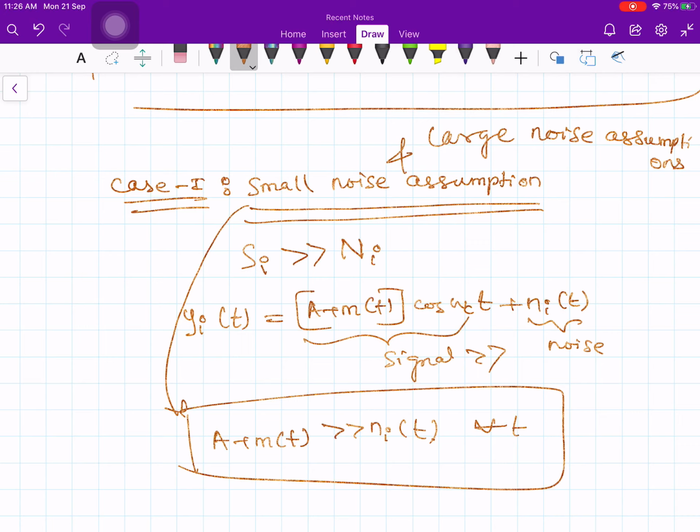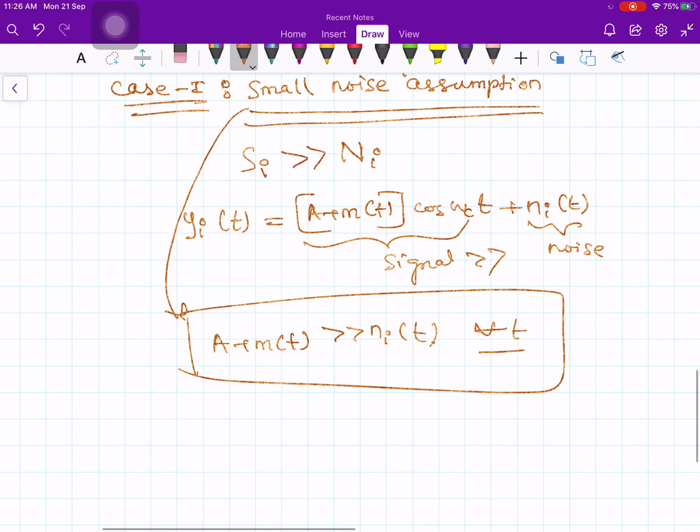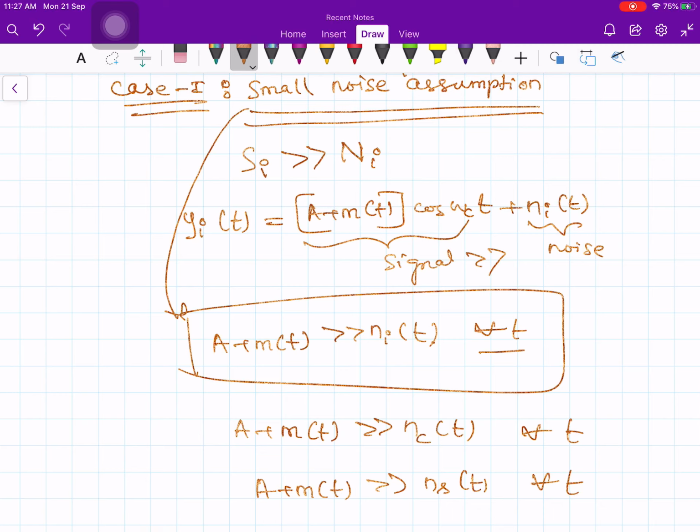That's why we put for all time. This will of course also imply that A plus m of t is much greater than n_c of t. Similarly, A plus m of t is much greater than n_s of t for all t, because n_i of t is after all made of the in-phase component and quadrature component.